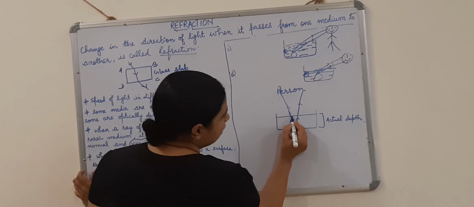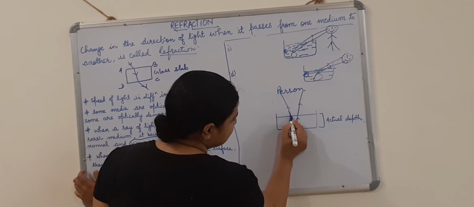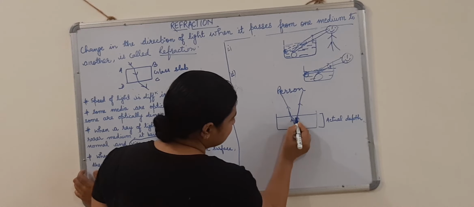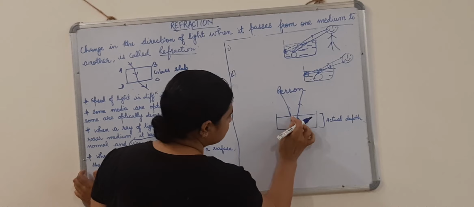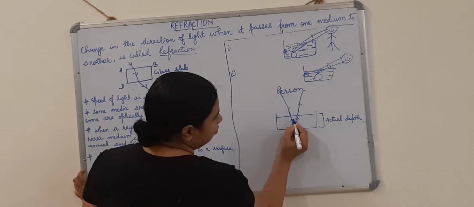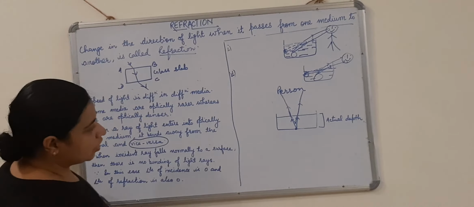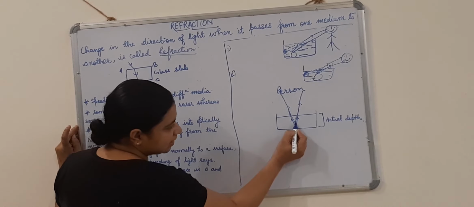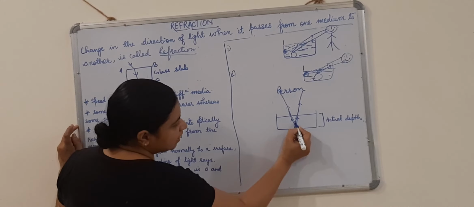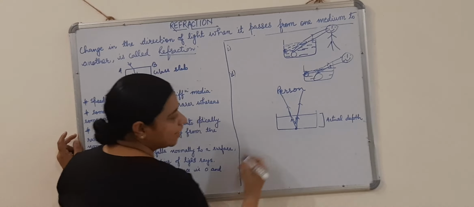When the path of these refracted rays is traced back, I will draw a dotted line. Sorry, I have made a mistake here. Dotted line. When the path of these refracted rays is traced back, you will see that here these light rays are meeting.